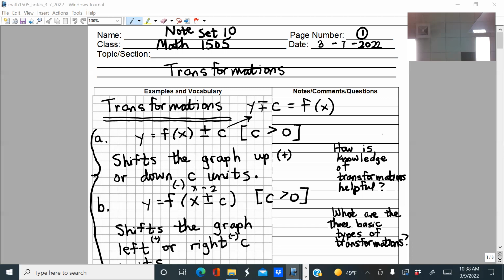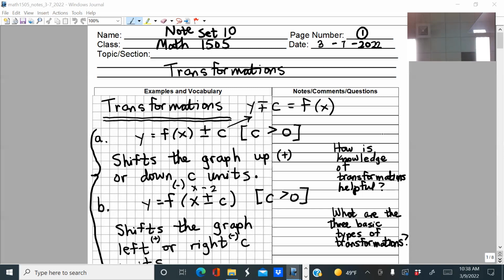So it gives us a way of visualizing what a graph looks like, or what it should look like, before we actually construct the graph, whether we're doing that by hand or with some other software.